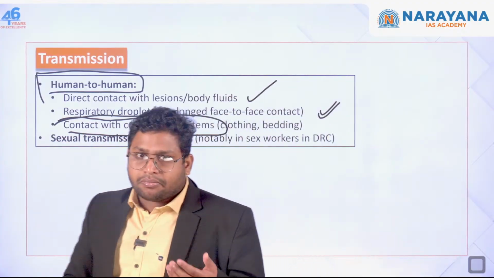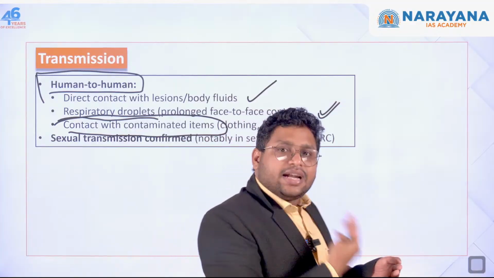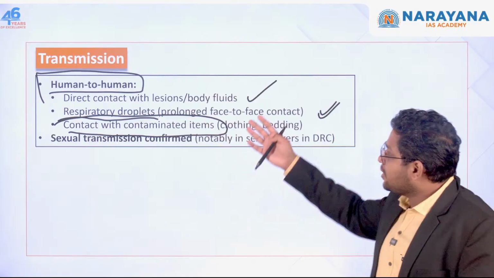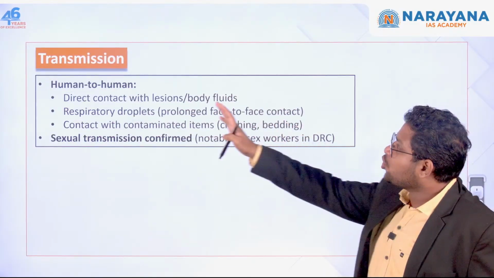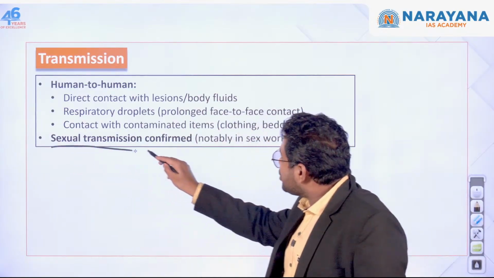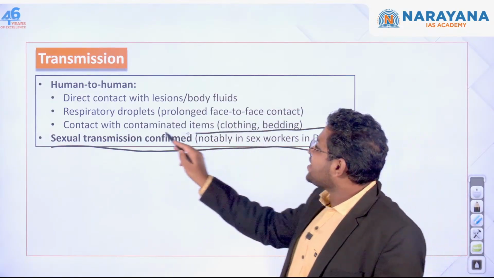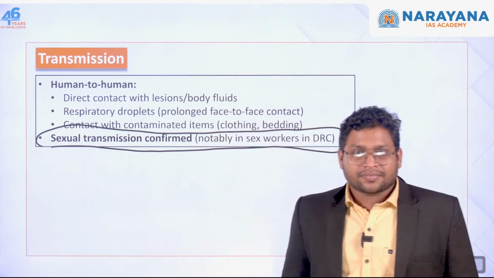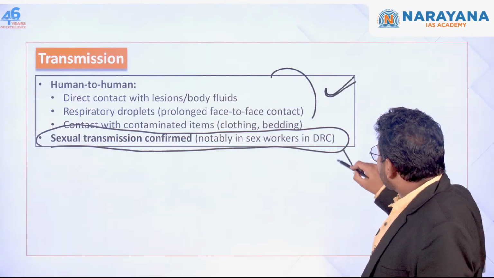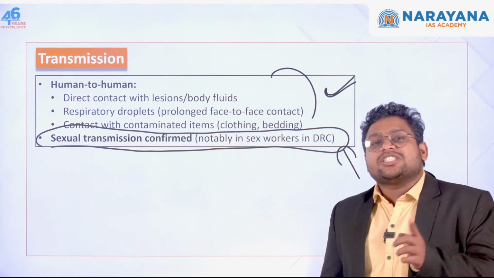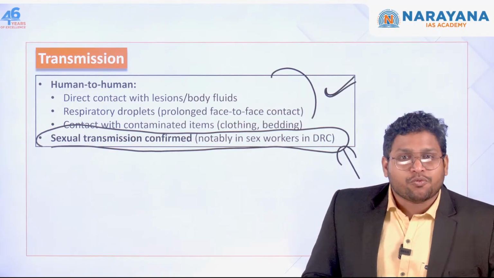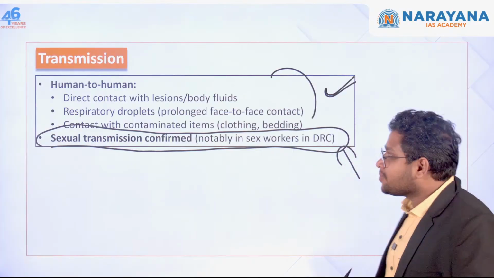So let's say I'm using a handkerchief and that is contaminated with the same virus. You use that, you also get that virus, right? So this is the way human to human transmission is possible. Then sexual transmission. Now this is also confirmed. So all these possibilities can lead to transmission of monkeypox virus from one person to another person. Okay.